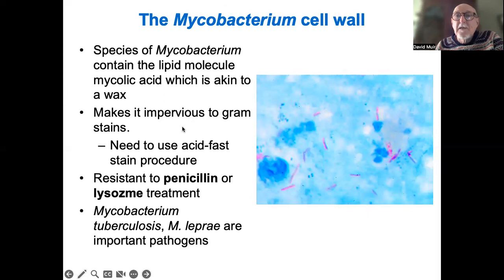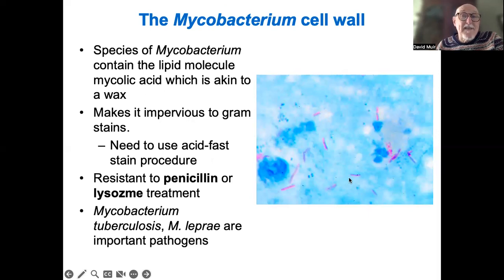And instead, you use a special technique called the acid fast technique. And what you do with them is you make a smear and you then heat up the smear together with stain.